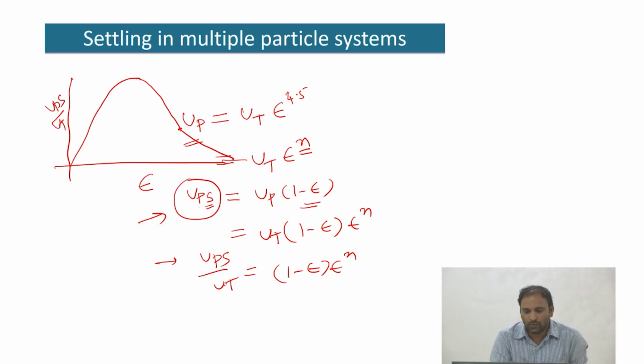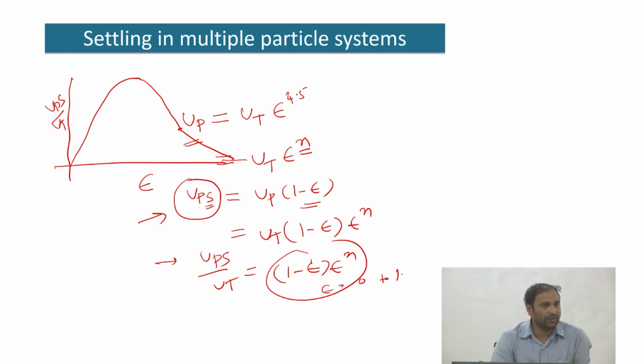What you do is you take this expression and vary epsilon from 0 to a maximum of 1, right? If you do that, you get a plot like this. The maxima and the inflection point I can get by differentiating this and equating it to 0, and then taking the double derivative.